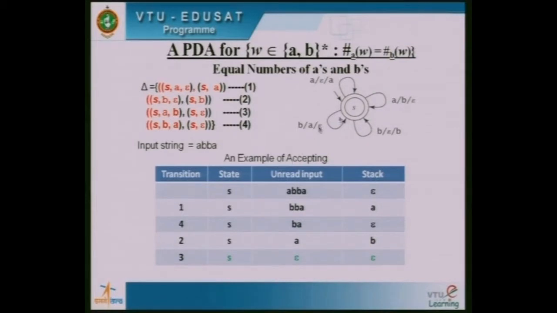Similarly, if it is a first B, then push it into the stack. If not, you are pairing that B with the A which is on top of the stack, then pop A from the stack. So, for each symbol we have two alternative choices, hence the language is non-deterministic.